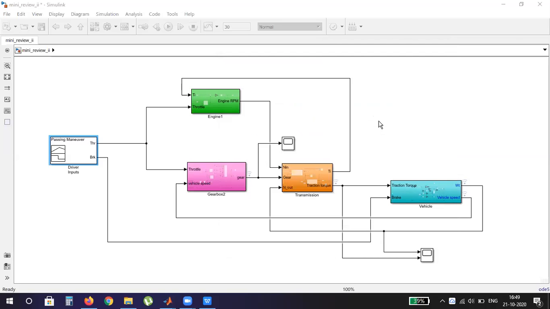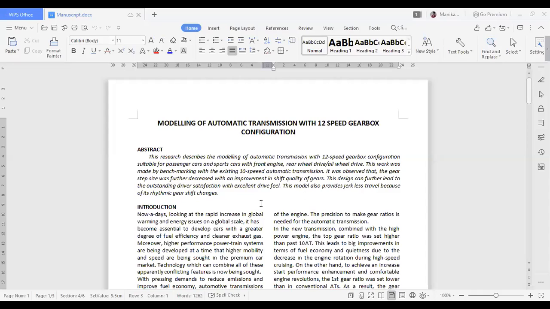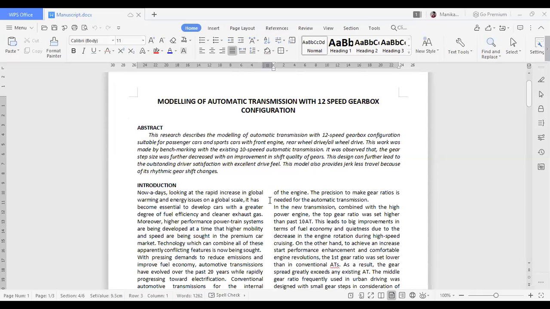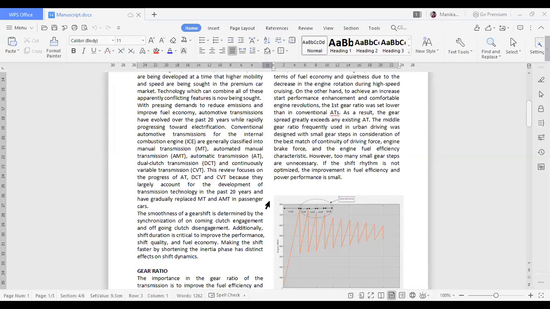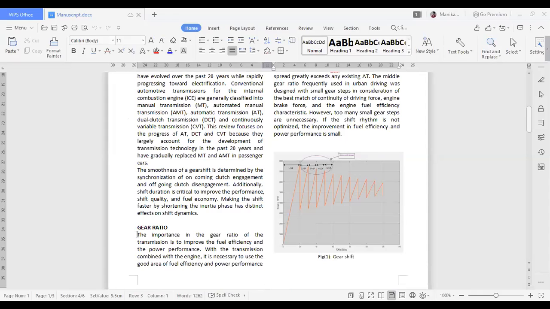Coming to the manuscript, this is the manuscript that I have written. The abstract is followed by the introduction and the gear ratio. From here the real procedure of the experiments will start.